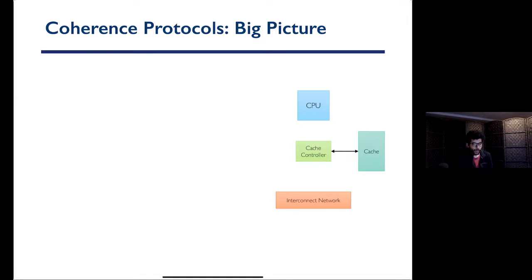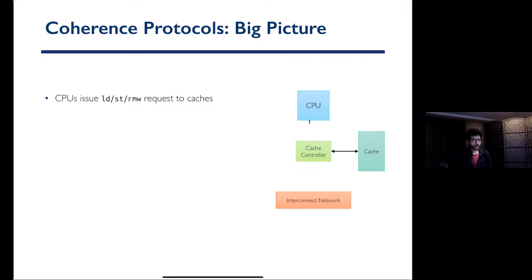Now, I talked about the states. Now, let's look at cache coherency in practice. Where does it get involved in the computation that I do in my system? Where is the cache coherence protocol invoked or gets to interact with my program?